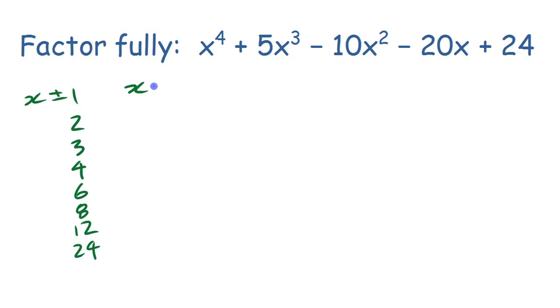If we are going to try to see if x minus 1 is a factor, we're going to sub in 1. 1 to the 4th. Subbing in 1 is just basically looking at the coefficients here. 1x to the 4th is going to be 1 plus 5 minus 10, right? Because subbing in 1 doesn't change anything there. Minus 20 plus 24.